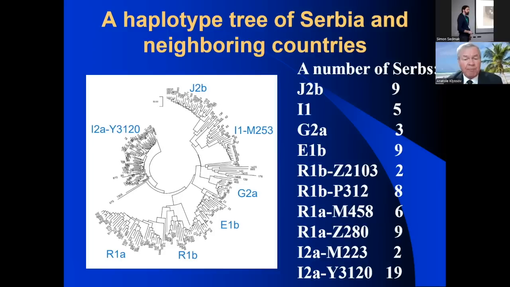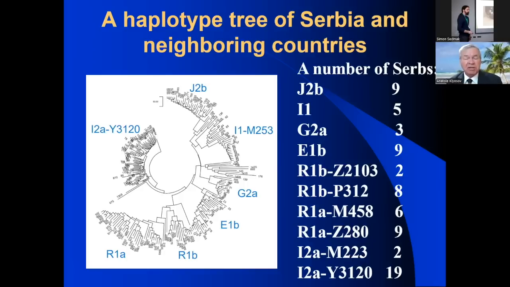Now if we go up, we see R1B P312, 8 people, and R1B Z2103, only 2 people. I'll explain later what it means, but you see they are represented in Serbia, but not too many of them. Now, E1B is a relatively high number, 9 people in that selection, as much as J2B, the first line, also 9 people. I1, 5, and G2A, 3.